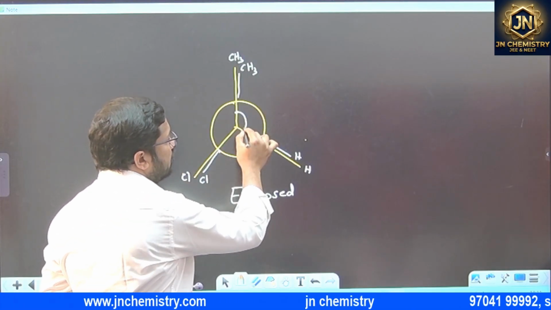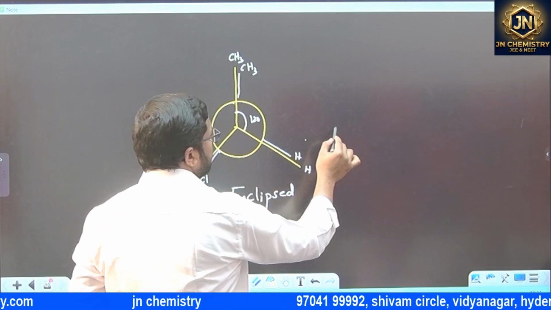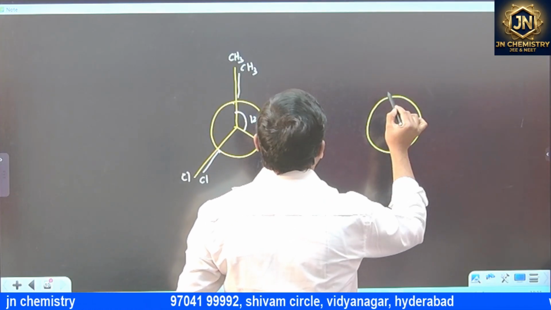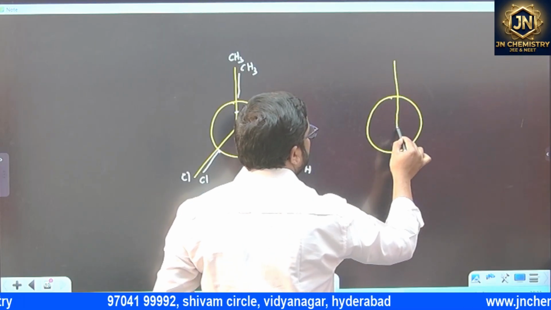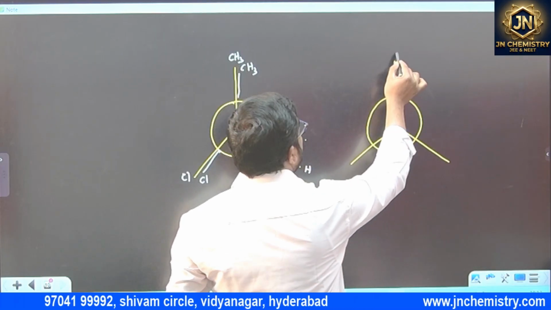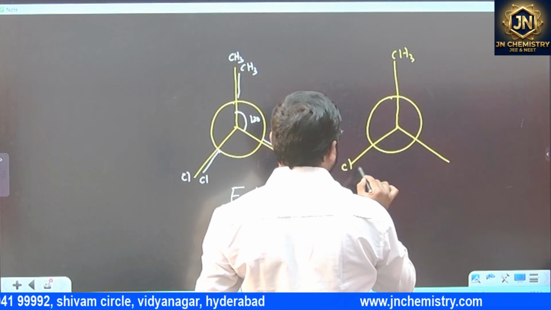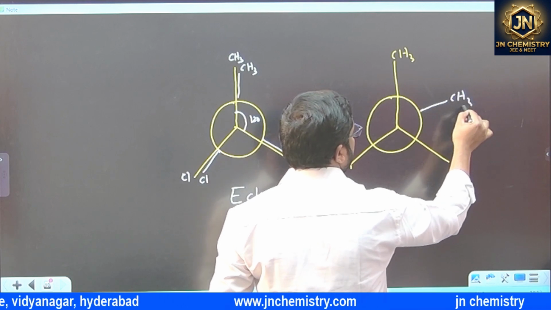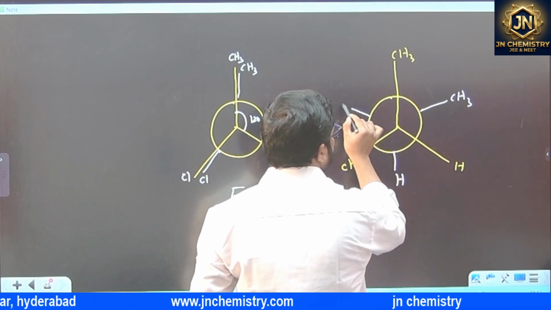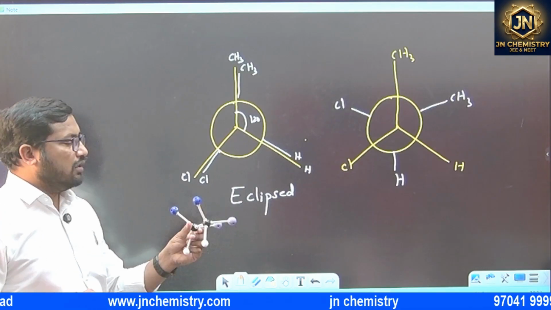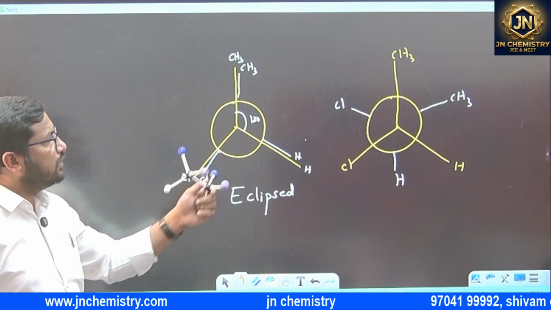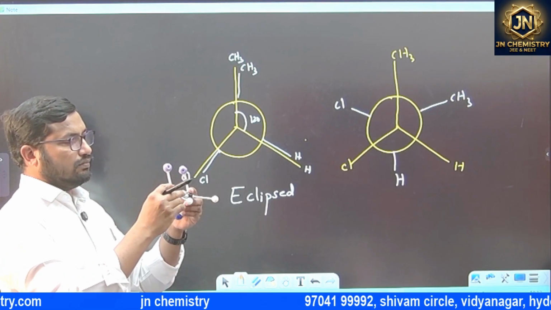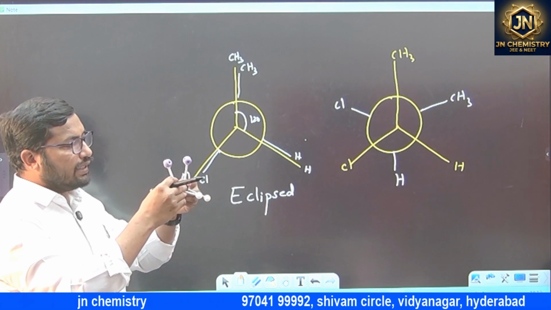To avoid that, how much is the angle? 120 degrees. So we are just moving this like this. CH3, Cl, H. Here is CH3, H, Cl. Now which form is this? The back side one, I'm just rotating like this.